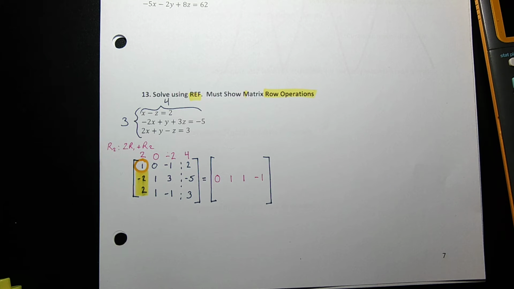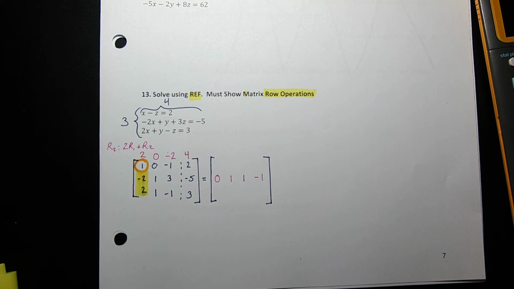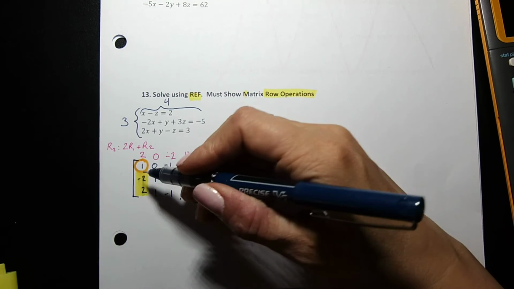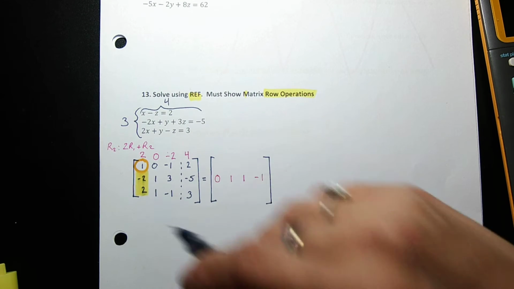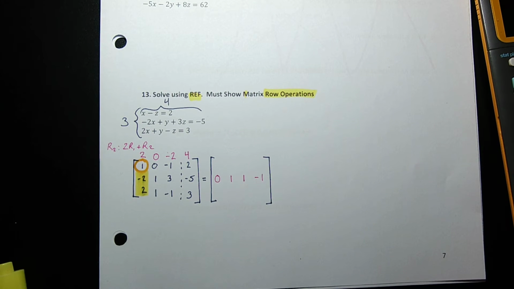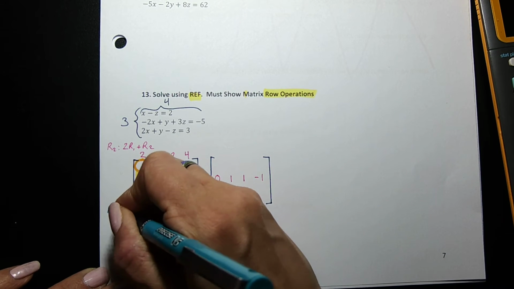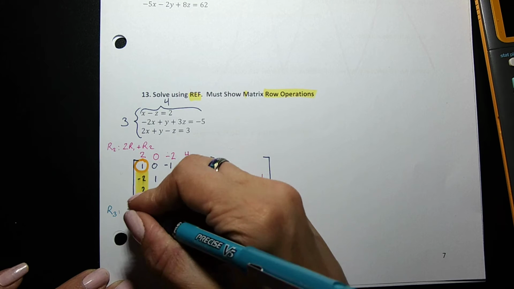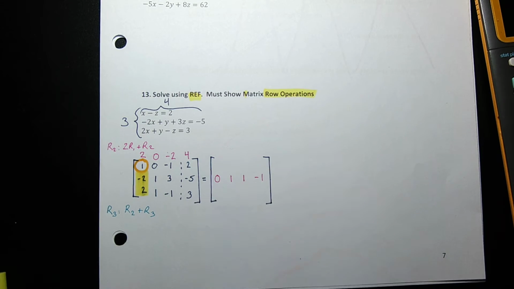For getting the 0 here, this next 2 to be a 0, we could multiply row 1 by -2, or what else could we do? Row 3 plus row 2. So what row are we replacing? Row 3. What are we replacing it with? Row 2 plus row 3.